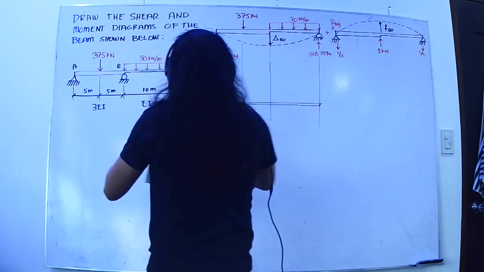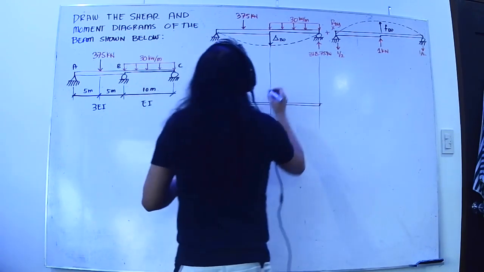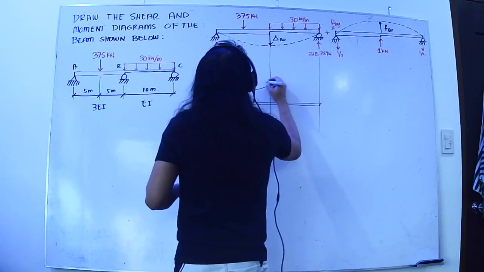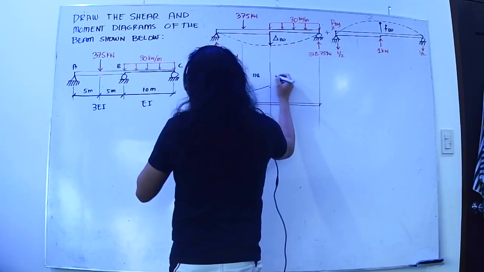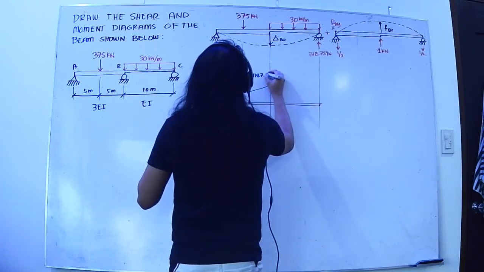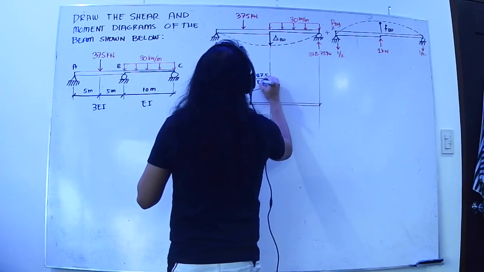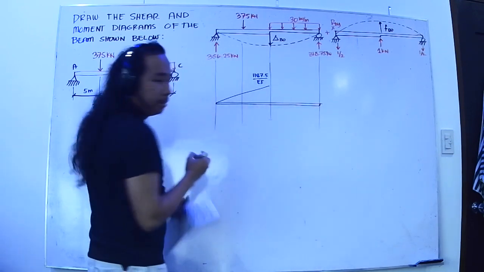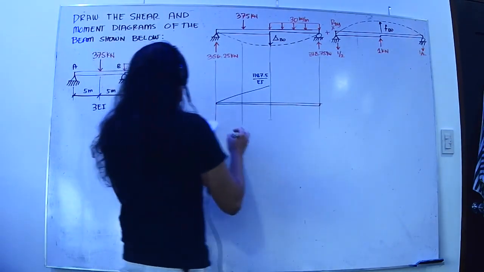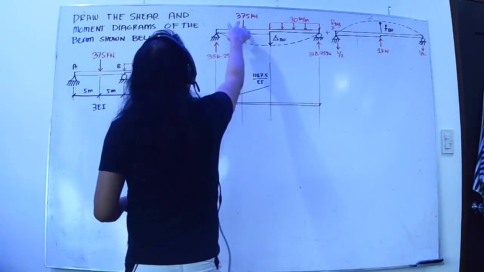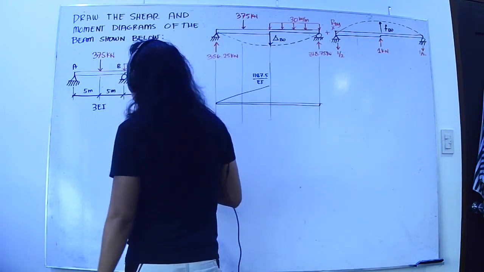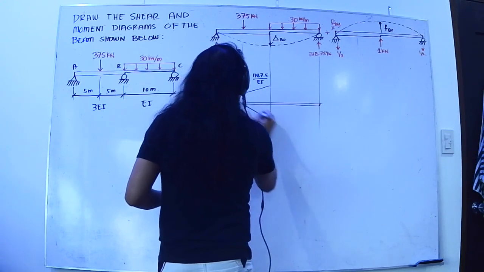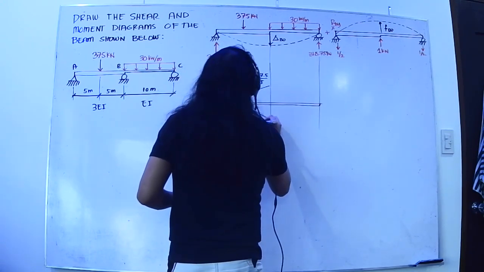Divided by 3EI, we will have 1187.5 over EI. EI has already been duly considered. Now, 375 times 5 divided by 3EI would result to negative 625 over EI.